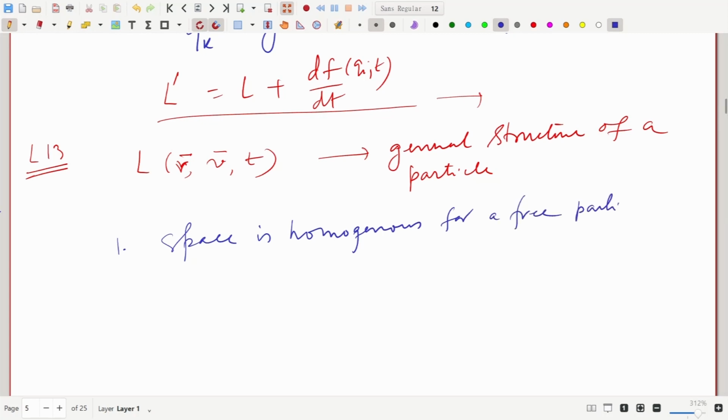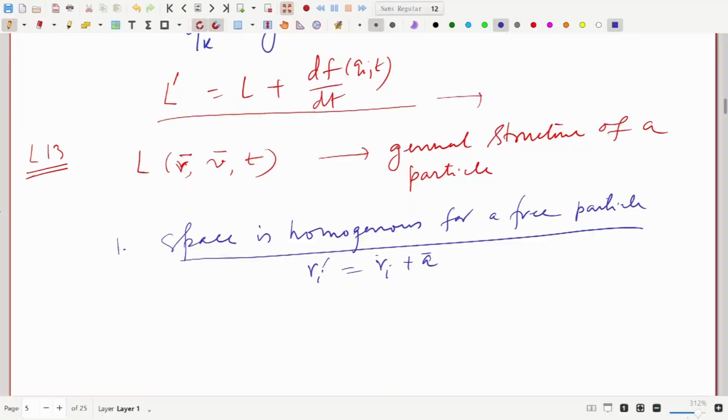I'll explain the meaning. That means if you shift your origin from, say, 0 to any arbitrary value, the dynamics will not be affected.